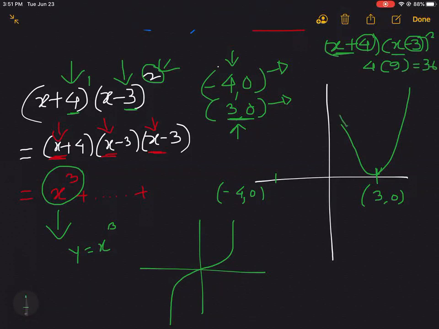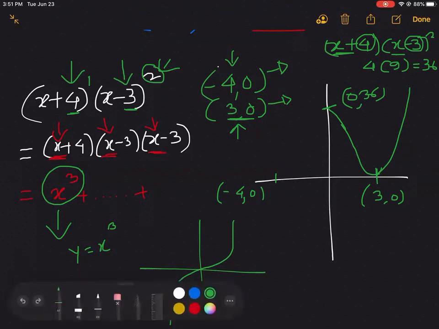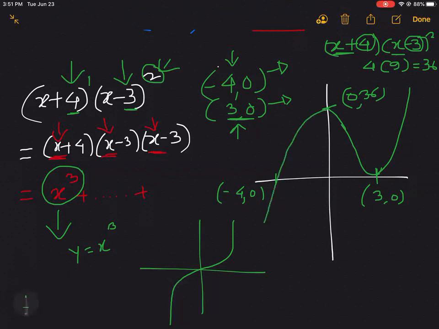So somewhere here, let's say that's our point 0, 36, that's our y-intercept. It will cross that and it will come down like this, okay? So that's how your graph will look.